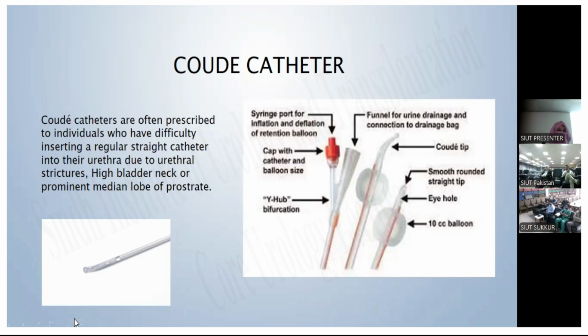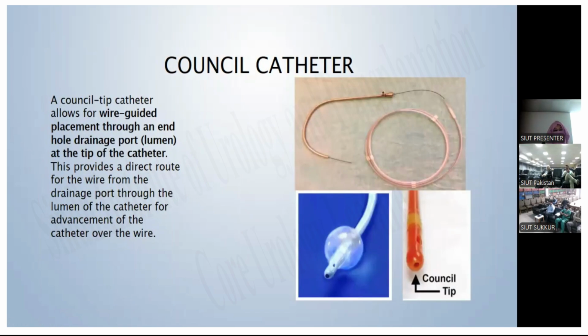Coude word is used for the tip of the catheter. Council catheter allows for wire-guided placement through an end-hole drainage port lumen at the tip of the catheter. This provides a direct route for the wire from the drainage port through the lumen of the catheter for advancement of the catheter over the wire.